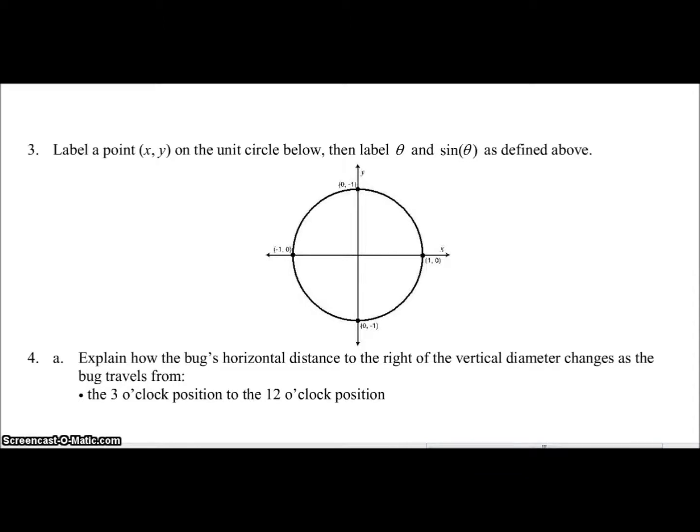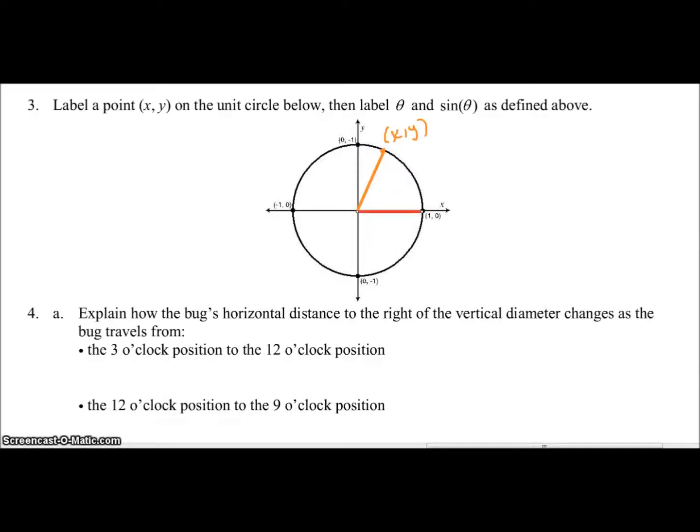Label a point xy on the unit circle below, then label theta and sine of theta as defined above. So if we just pick a point, say right here, here's our point xy. Notice that all the radii are 1. Let me draw this a little bit better. So here we have our angle theta.